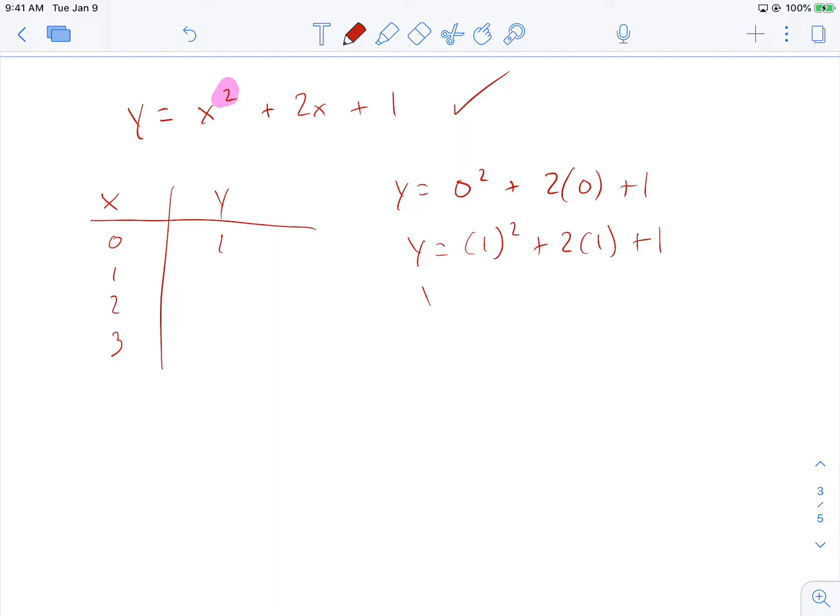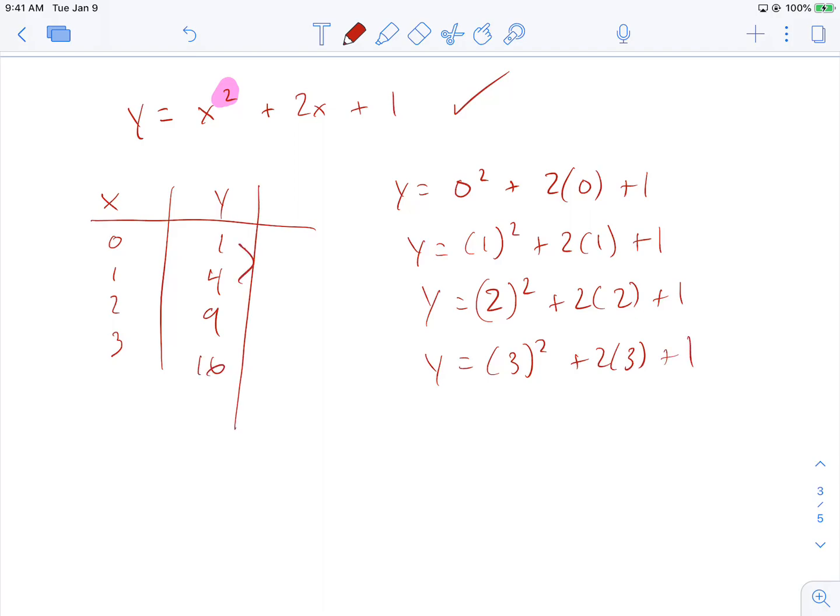And that's going to give you 4. y equals 2 squared plus 2 times 2 plus 1. And that's going to give you 4 plus 4 plus 1, so that's going to give you 9. And the last one is y equals 3 squared plus 2 times 3 plus 1, which is going to give you 16.